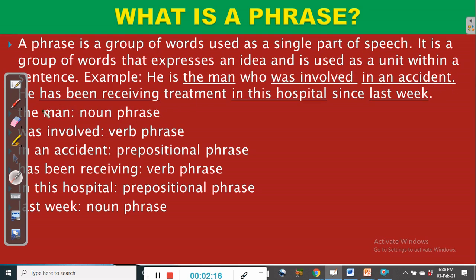All right? Then we have the second sentence. He has been receiving treatment in this hospital since last week. Again, we have 3 phrases here. Has been receiving is a verb phrase. In this hospital is a prepositional phrase. And last week is a noun phrase.